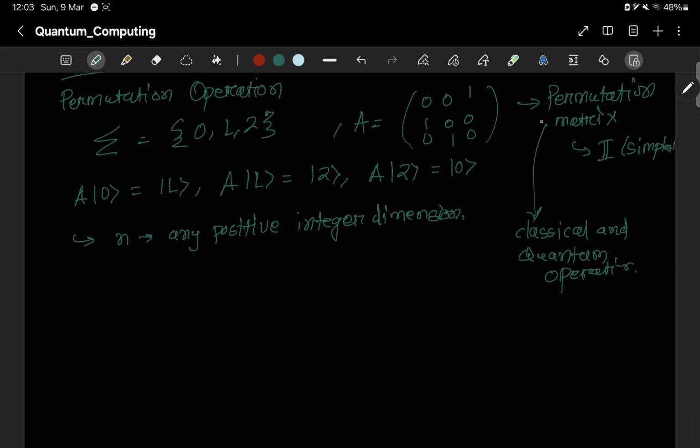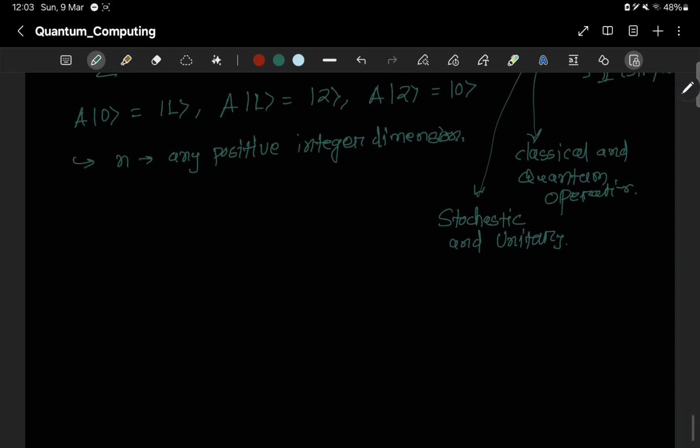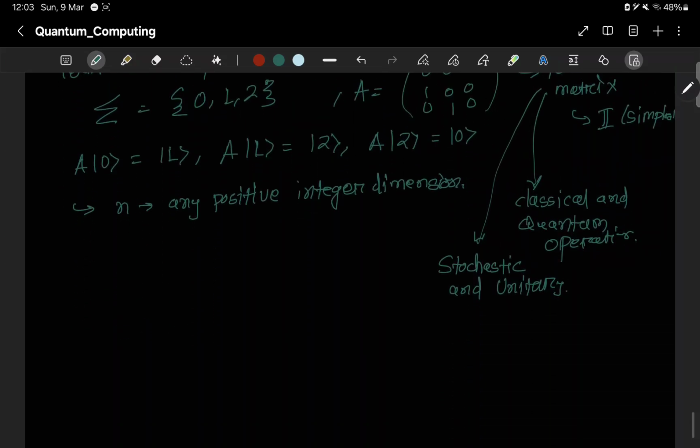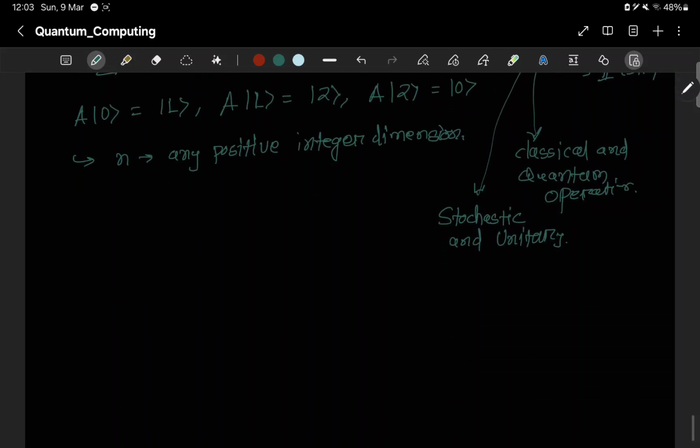It is the only kind of matrix that is both stochastic and unitary. Also, in another way, if a matrix is both stochastic and unitary, it should be a permutation matrix. Another example of a unitary operation in a large system is the 4x4 quantum Fourier transform matrix.